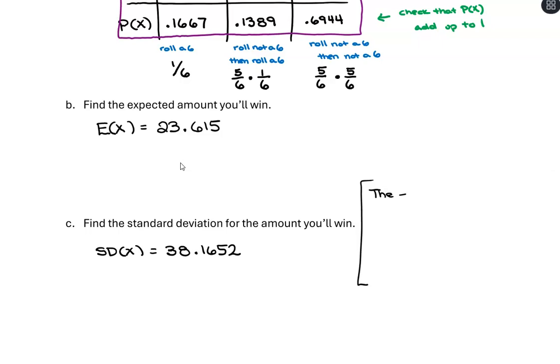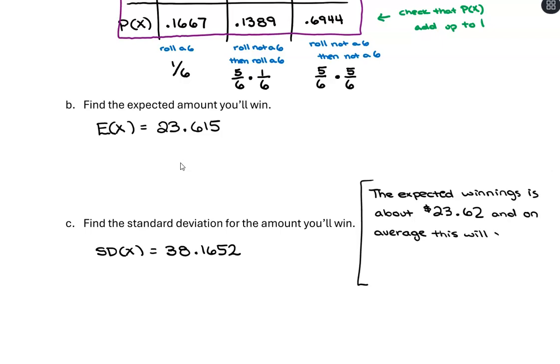So the expected winnings is about $23.62, and on average this will deviate by about $38.17.